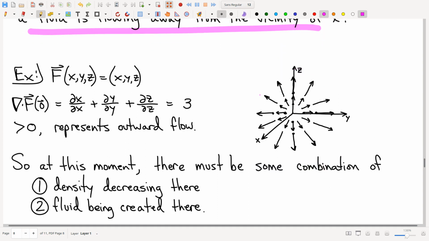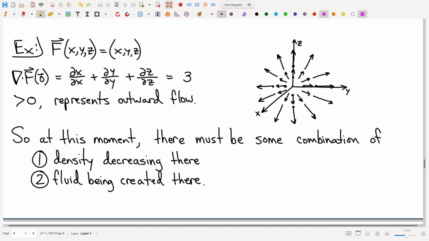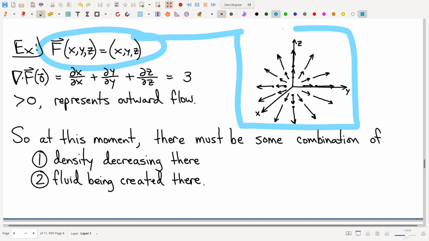And here is the algebra. We've talked about vector fields, and I claim that this is what this vector field looks like. We did a very, very similar example, a two-dimensional version of this, last time, I guess it was. So does the divergence actually do what I claim here?